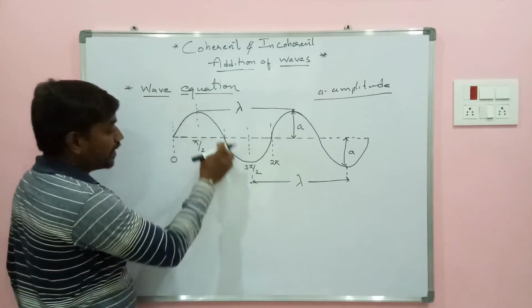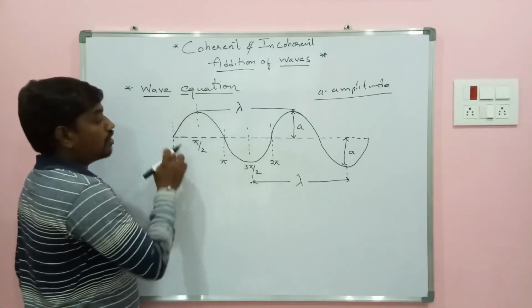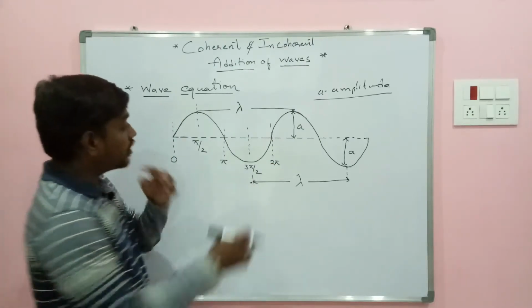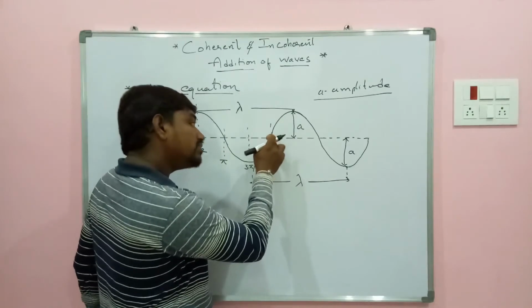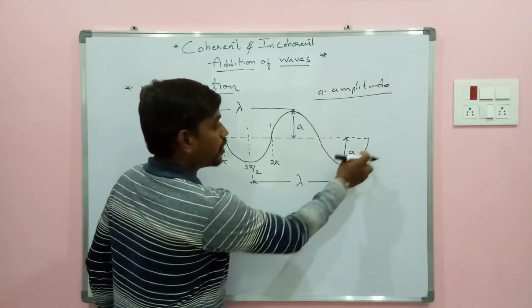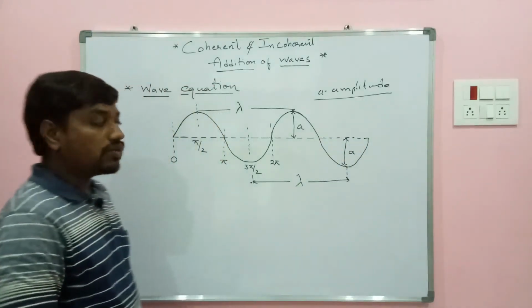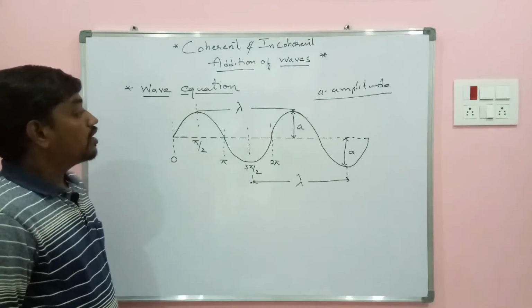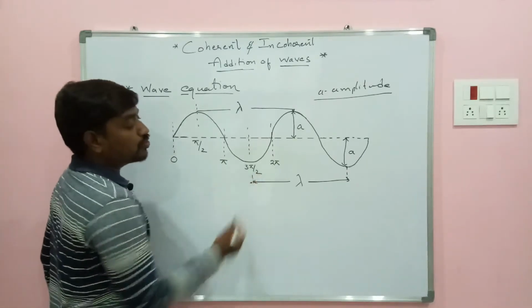So for a complete wave, the phase angle is 2 pi or 360 degrees. It starts with 0, pi by 2, pi, 3 pi by 2 and 2 pi.